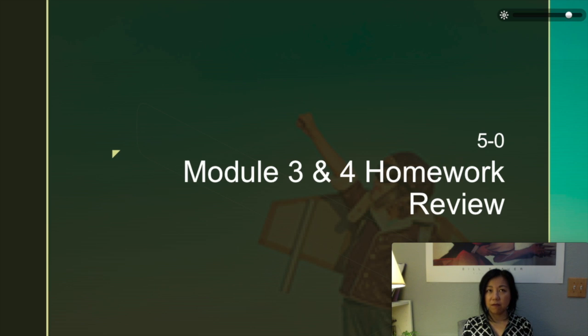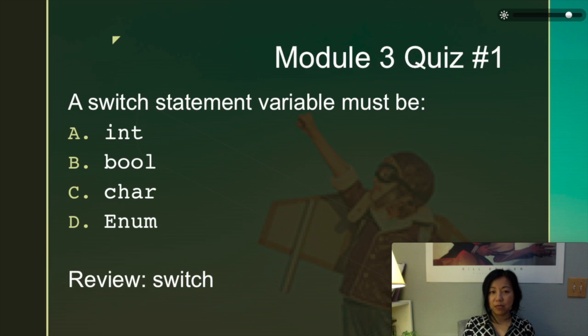Also, I believe there is a link on the homepage where you can find help 24/7. So without further ado, let's see the homework assignments that some of you might be struggling with.